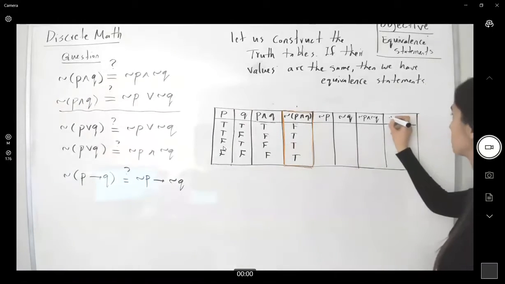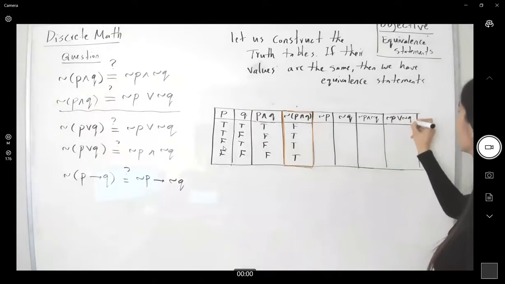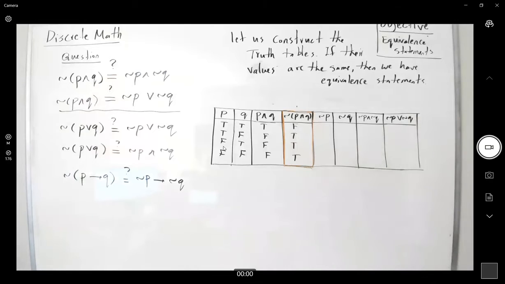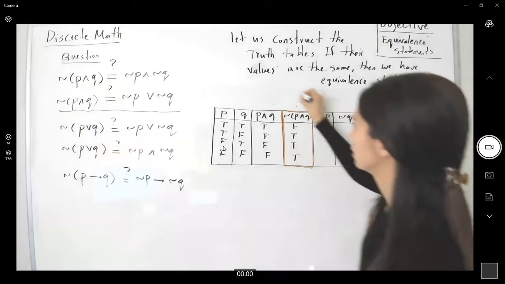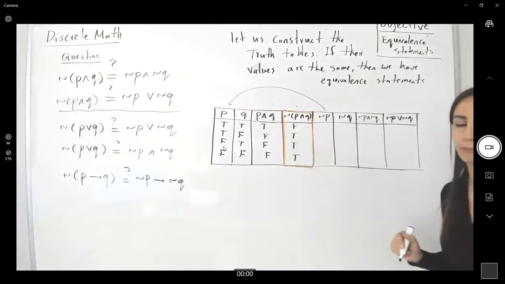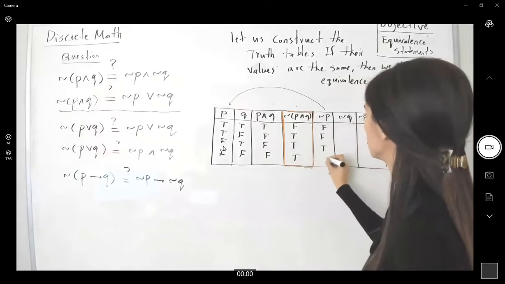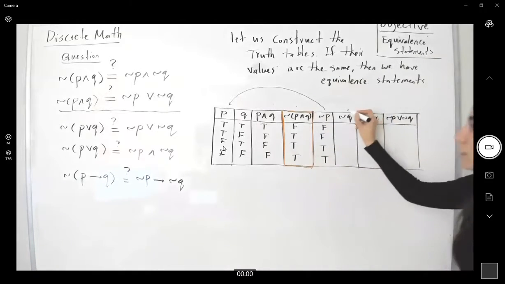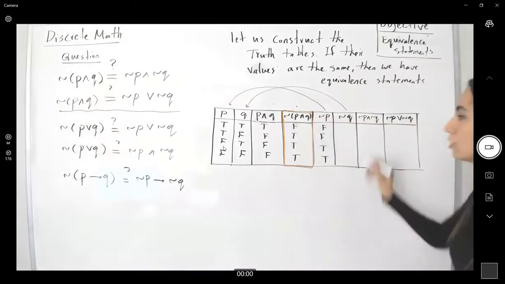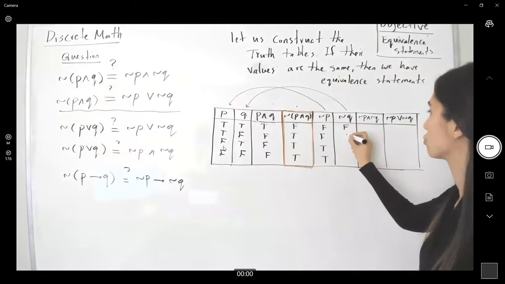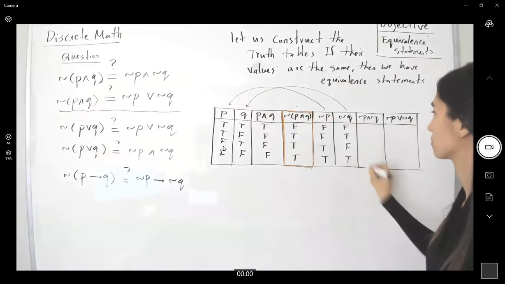So not P is the negation of P. Well, it's going to be false, false, true, true. Not Q is the negation of Q, which is going to be false, true, false, true.